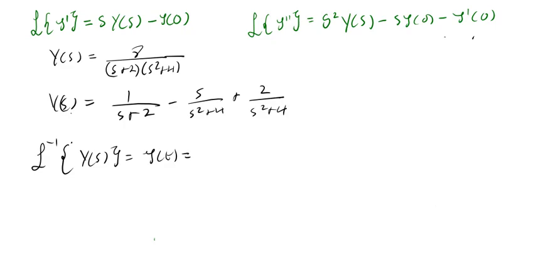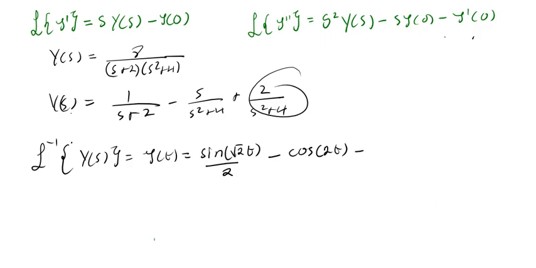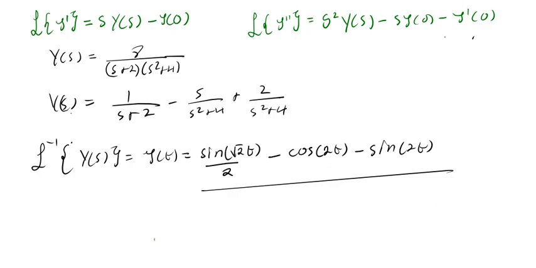If you say it's sine of square root of 2t, on the numerator it simply means you are supposed to have a 2, so this is supposed to be divided by 2. Then what about this one? That will just be minus, it will be a cos, so cos 2t, since that's a 4. Then you say minus here again. So for this one it's just sine 2t, and this is your solution.